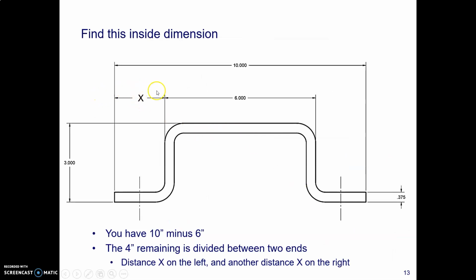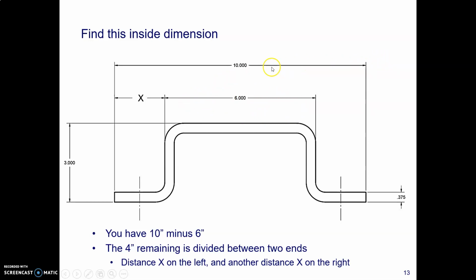First, let's find out how long this inside length is. We did this last time on our bend allowance warm-up. We have a 10-inch overall width, and this hat in the middle is a 6-inch width.